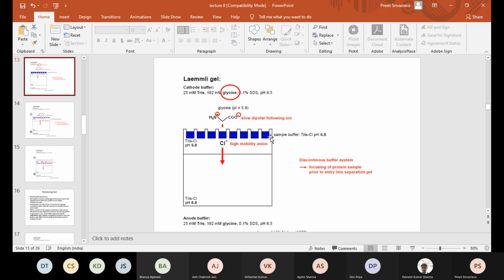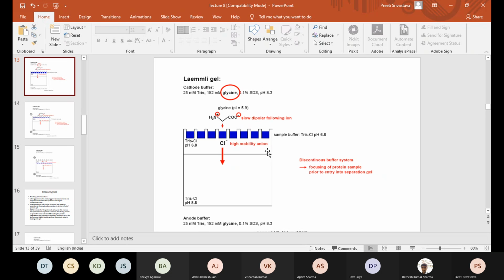If you see the blue band, which is like the sample loaded on the well, the one which is at the bottom will migrate faster, the one which is at the top will lag behind, because they all will enter the gel at different time points. And they will separate accordingly. So the bands will not be resolved.